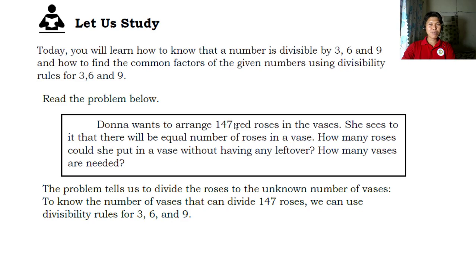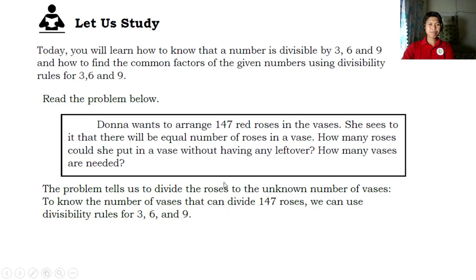Kung hindi mo alam na multiple ang 12 ng 3, so 12, 1 plus 2, 3. Ayan, 3. Basta 3, 6, 9. Ayan. How about by 6? Tingnan natin. Ay, 6, hindi na to pwede kasi nga hindi siya even number. Kasi dapat divisible by 3 and 2. Hindi siya even number. How about by 9? 12. Hindi pwede sa 9.